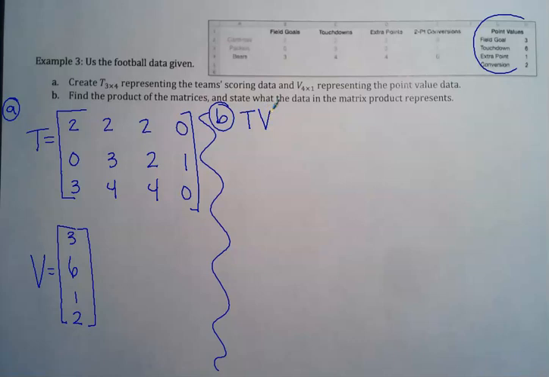Should have been more specific, I guess. T, we know, is a 3 by 4 matrix, and we want to multiply it by V, which is a 4 by 1 matrix. So check our inner numbers. Are those equal? Yes. So then we're going to get a product of a 3 by 1.